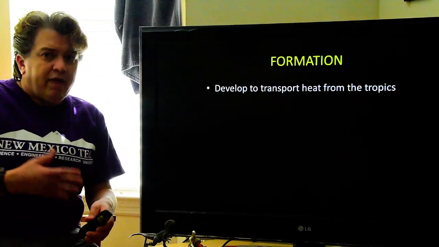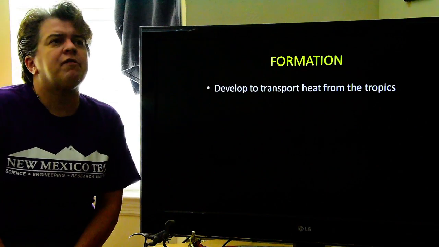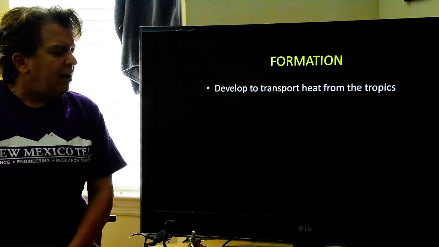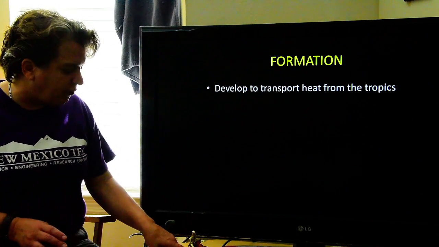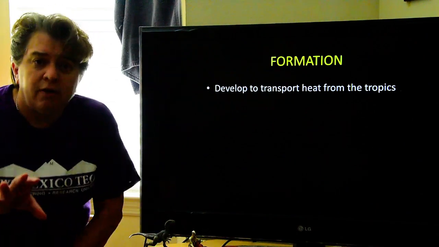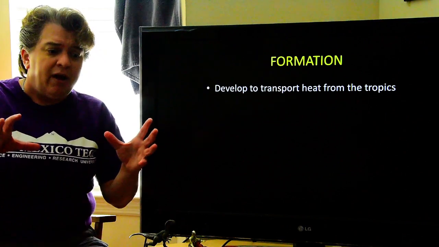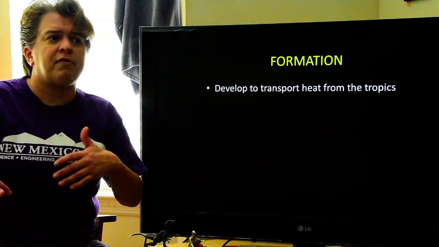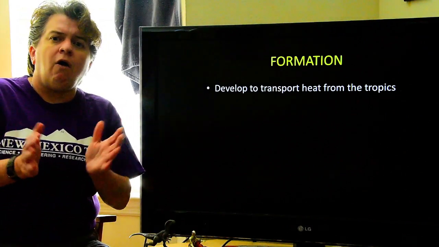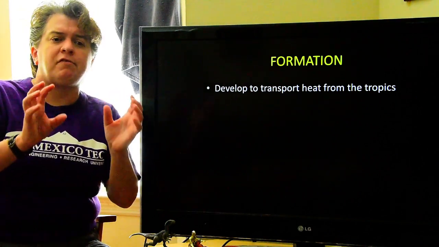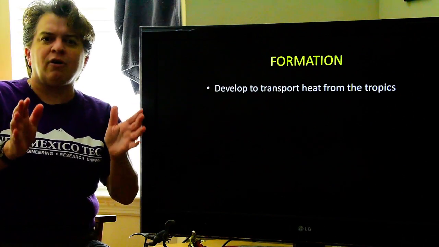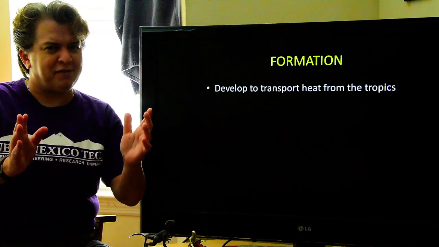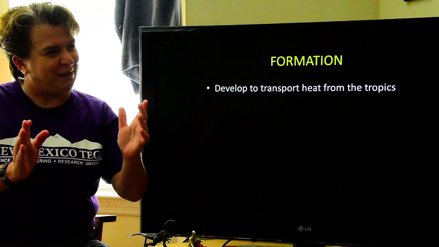All right, so how do they form? Well, when you have storms like this, the reason they form is to transport heat from the tropics. I know I said this in the weather and climate lecture, where your frontal systems and your storms are all there because Earth is seeking equilibrium. Nature wants balance, as all things should be.